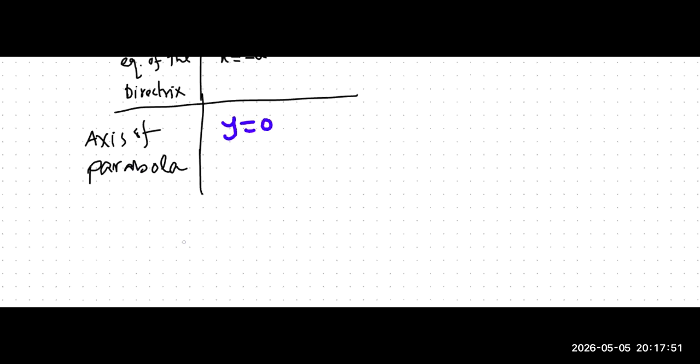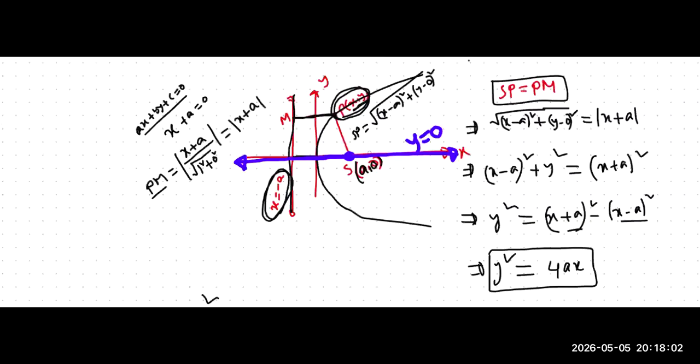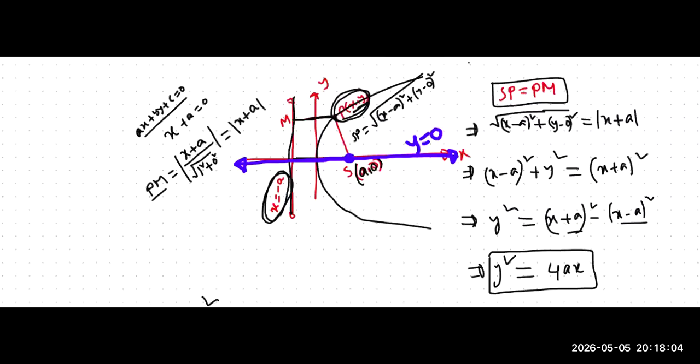And the next information is vertex. Okay. So what is vertex? The intersecting point of the parabola and the axis of parabola is called the vertex. So in this case, this point is the vertex.